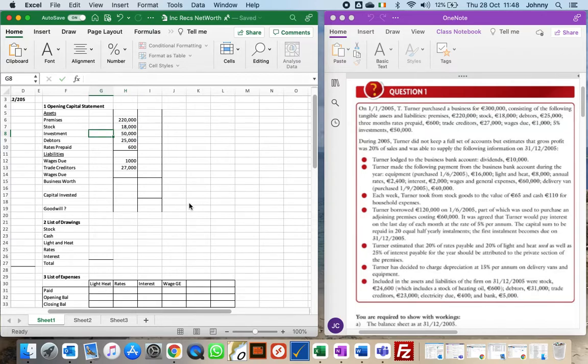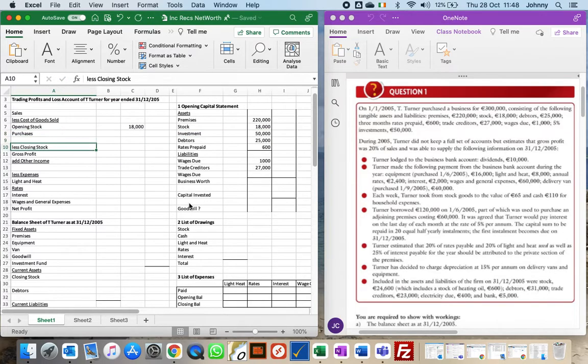So when I go to do my trading profit and loss over here, I'm going to have investment income. Now, that figure, it should be 2,500, unless I'm told that we got more investments during the year. But I'm just putting that in as I deal with it. So back to my opening capital statement.